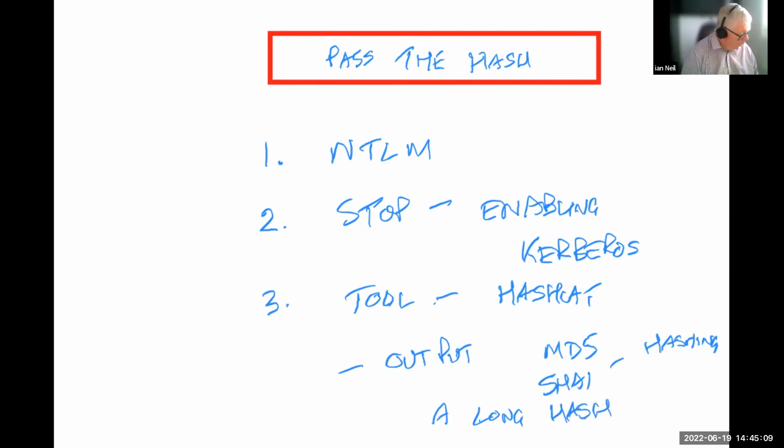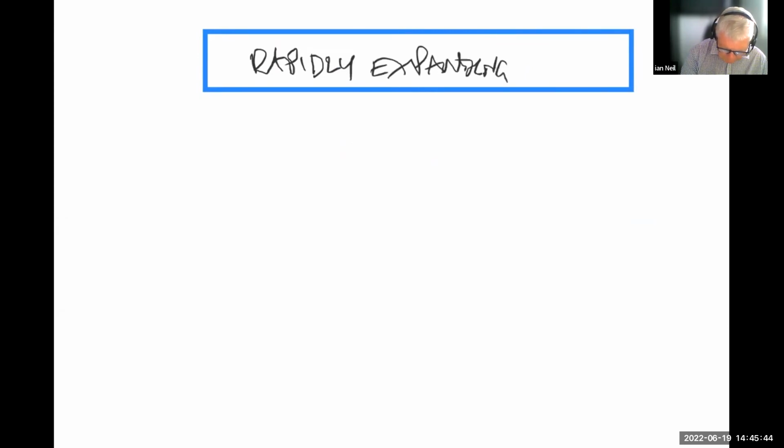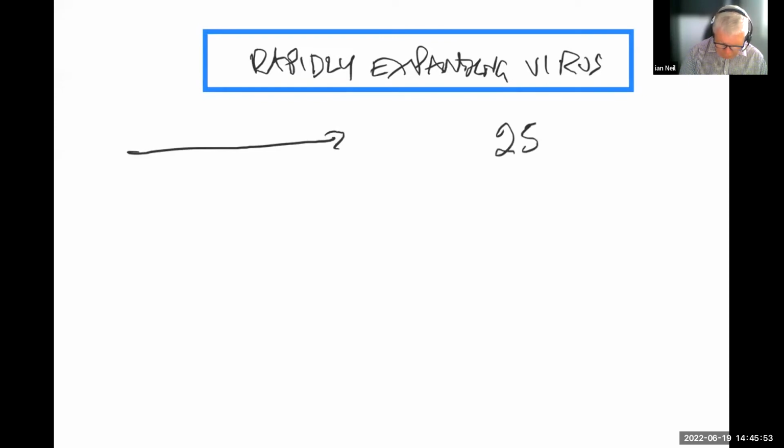Now, what I want to do now is look at an attack that's been coming in quite a lot. And this is going to be a rapidly expanding virus. So I've got a virus and it's going all over my network. So let's say in my network, I've got 2,500 people.